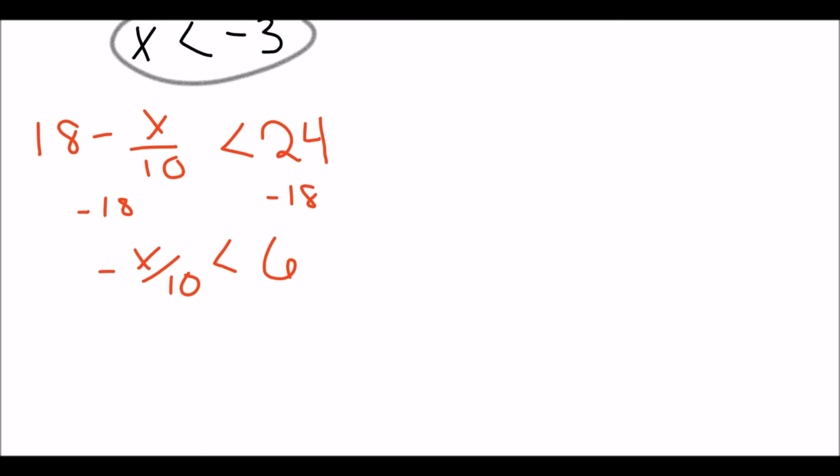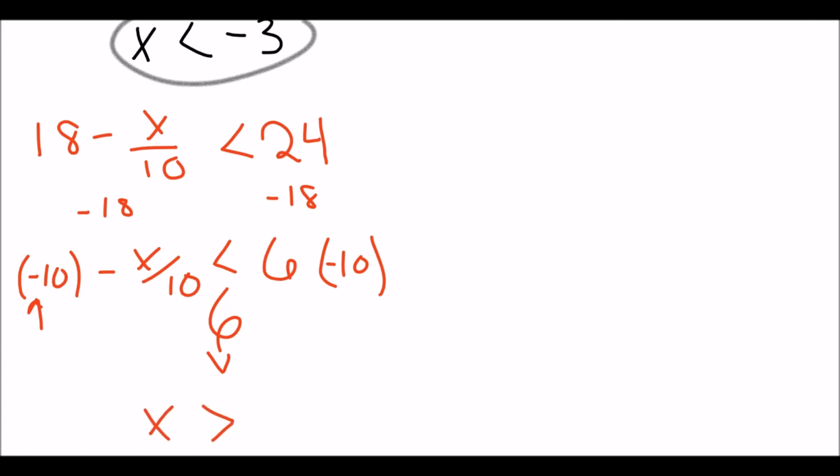And then to continue solving for x, we're going to multiply both sides by 10 times 10 and times negative 10. And since we're multiplying by a negative, we are going to flip the sign, and we end up with x is greater than negative 60. And that's our answer.